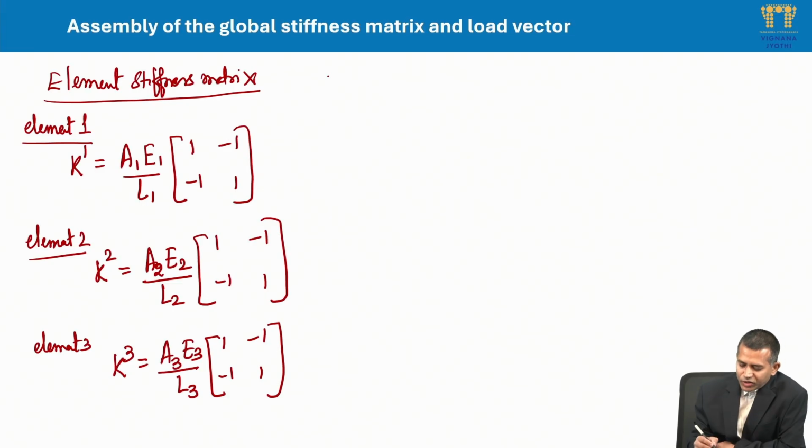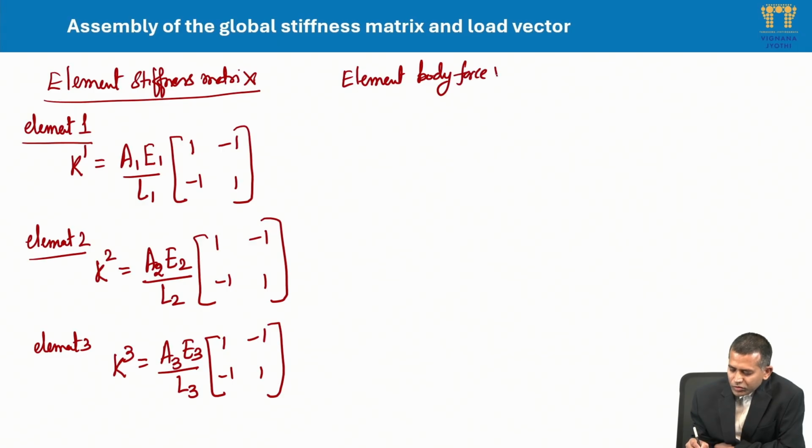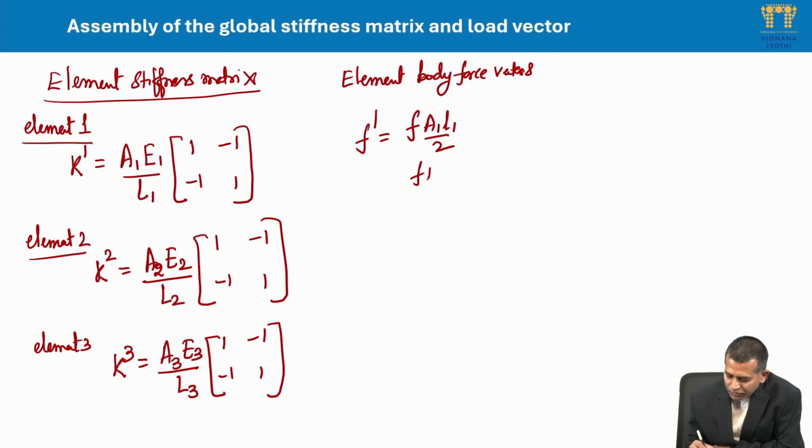Similarly, I can write the element body force vectors. If you remember, we have the body forces in that. If you see Q transpose, Q is the displacement vector. So the rest we have is the body force. So for the body force, F1 is nothing but F into A1 into the length of the element by 2, and F into A1 L1 by 2 again.